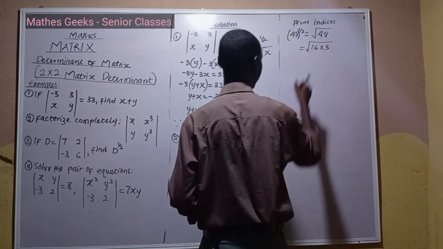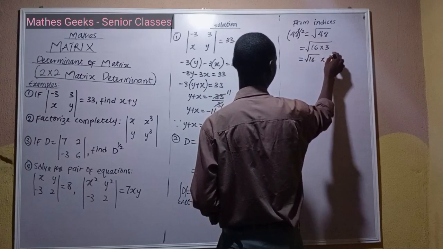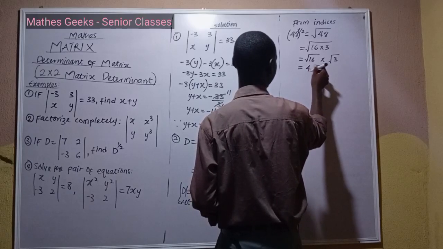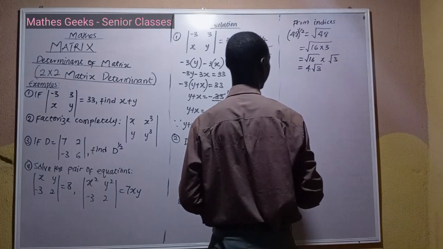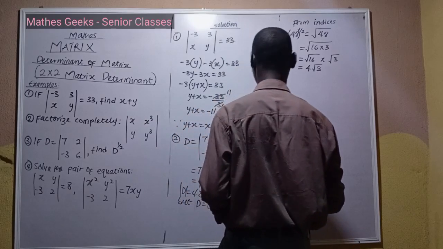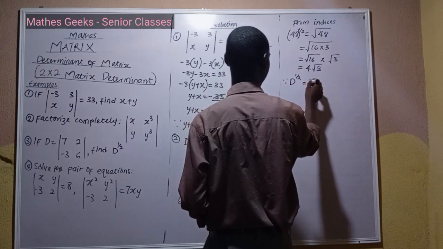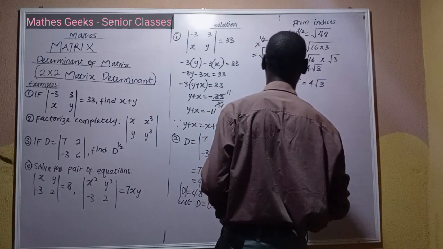This will give us square root of 16 times square root of 3. Square root of 16 is 4. That's 4 root 3. Therefore, D raised to 1 over 2 is equal to 4 root 3 as the answer.